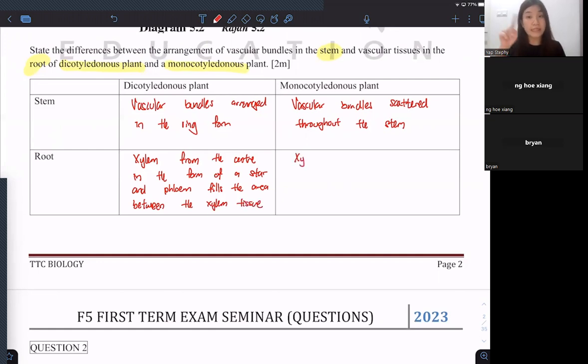And then for the monocotyledon, it is alternate, and is arranged in the ring form. So the xylem tissue alternate with phloem tissue in the form of a ring. Yeah, like this.